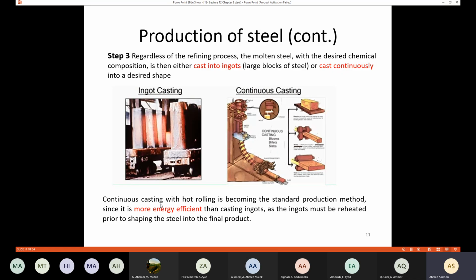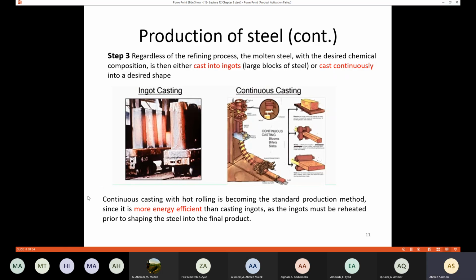Now, this one is continuous casting. I'm going to produce steel directly in the desired shape using continuous casting. Continuous casting with hot rolling is becoming the standard production method. So nowadays, no one is going to put the steel in ingots. The standard now is to directly produce the steel in the desired shape using continuous casting and hot rolling.